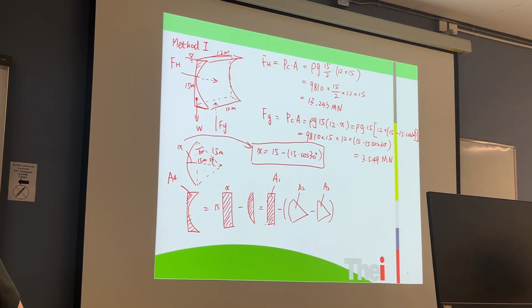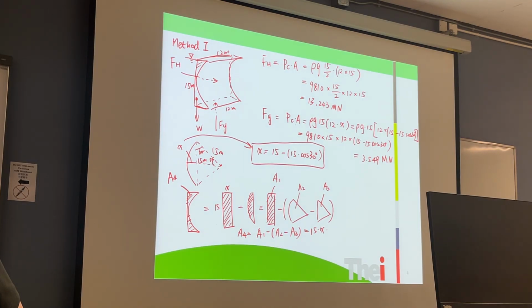A4 is calculated by A1 subtracts A2 subtracts A3. A1 is calculated by the 15 meters times the x.